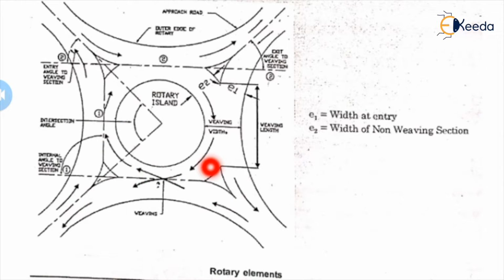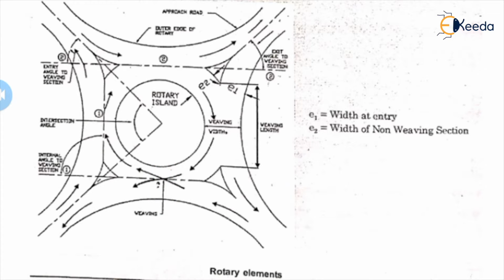Then there is weaving, that is, this vehicle has to move from this to this direction, and this vehicle has to move from this to this direction. It means that this is a weaving, like a cloth is woven. So there is weaving of the traffic. Weaving means crossing. So this is the weaving length and this is the weaving width.